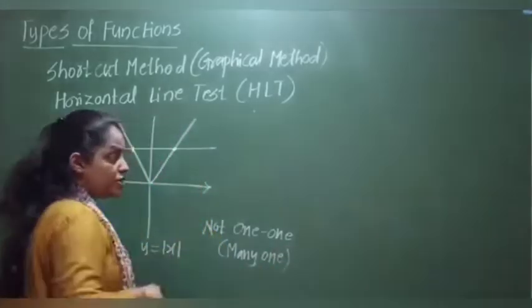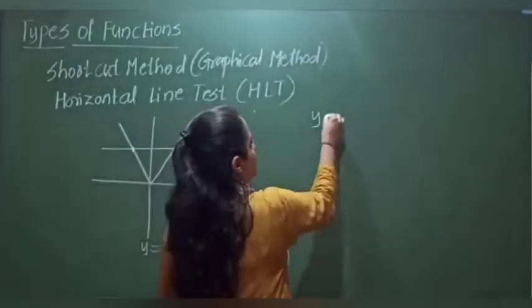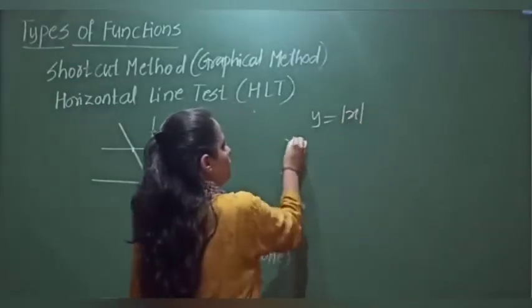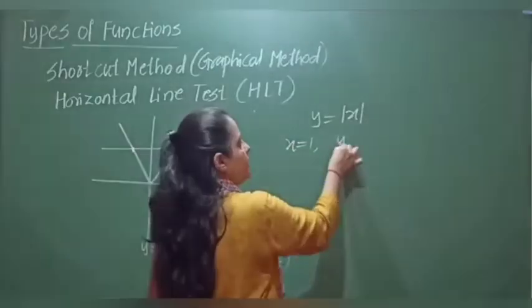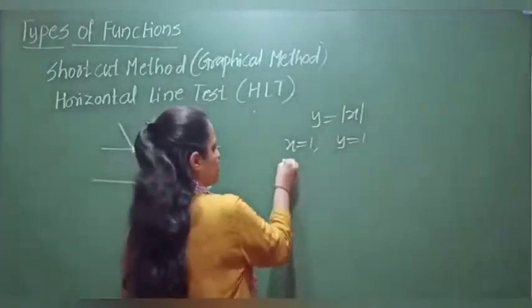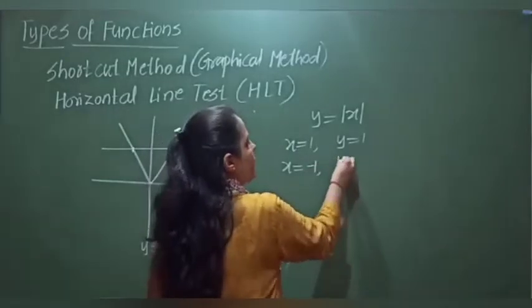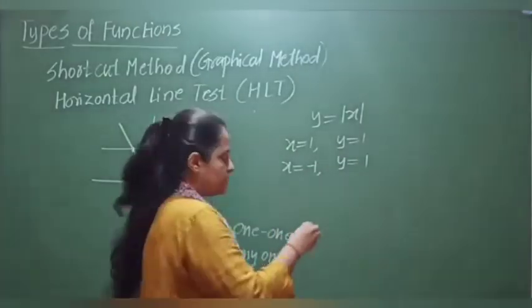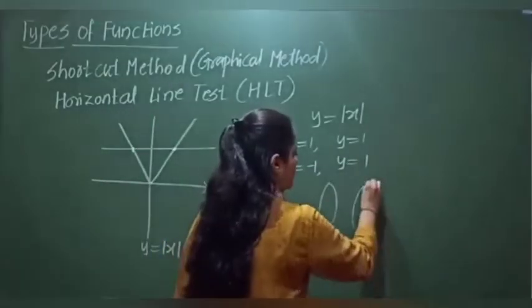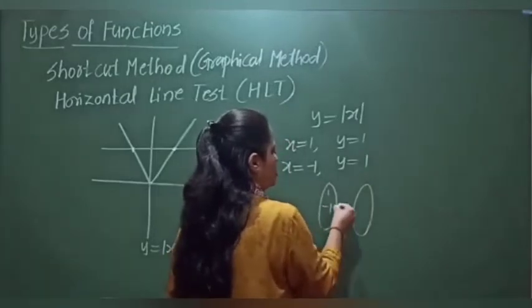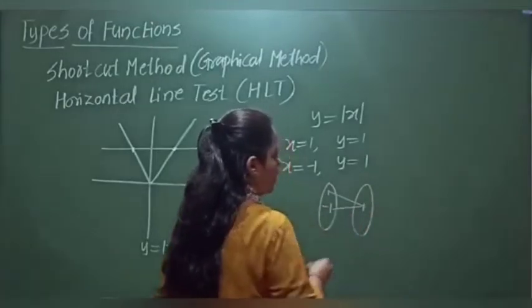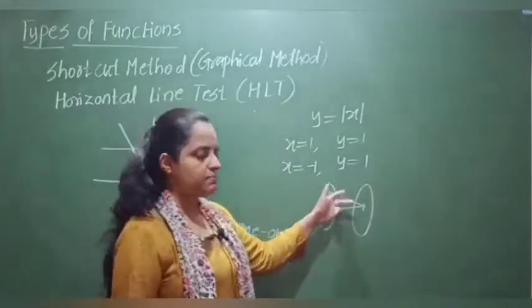Here the function is y is equals to mod x, right? If you substitute x as 1, you are getting y as 1, okay? If you substitute x as minus 1, we are getting again y as 1, right? So many elements are connected to the same image. Therefore this is a many-one function.